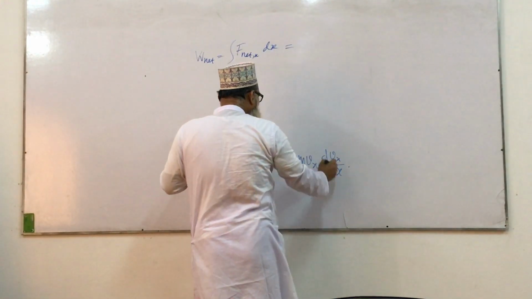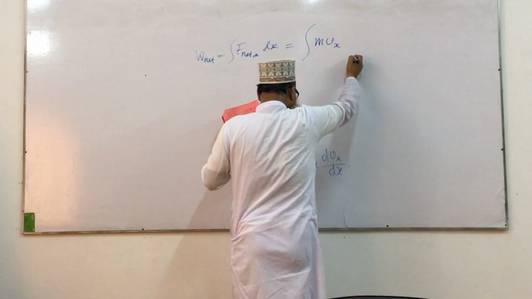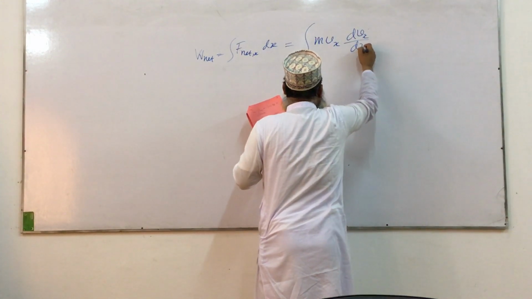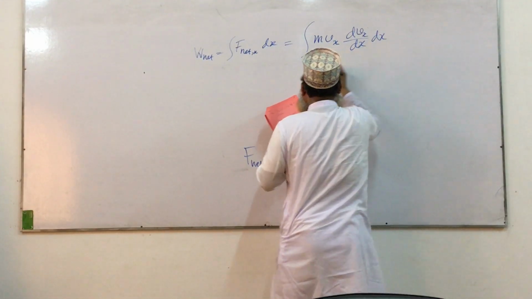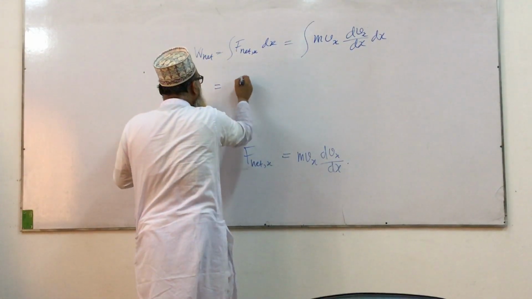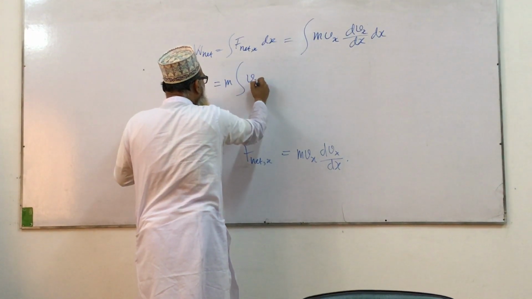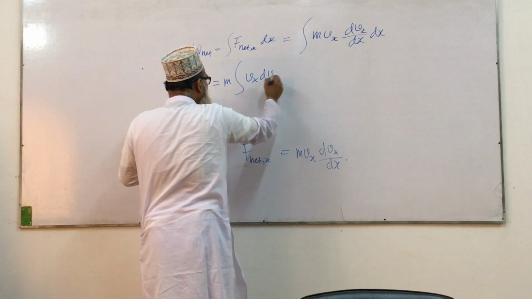So what is F net x? You write m vx dvx by dx, then this dx, equals the integration, m is taken out, dx cancels, m vx dvx.